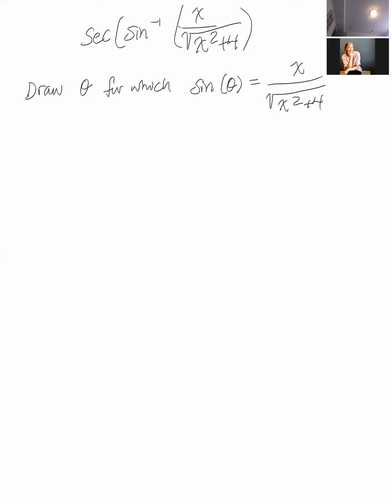And I'm going to, again, not worry about the quadrant. Just going to say, this is theta. And I might recall that the sine of theta, I'm actually going to do this in terms of opposite and hypotenuse right now, because I think it's a little less confusing in this case. I have a triangle here.